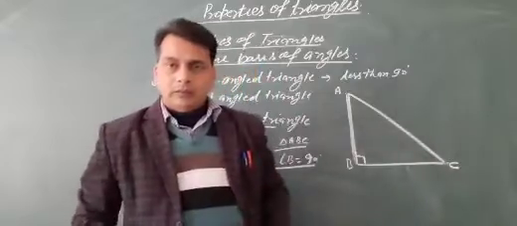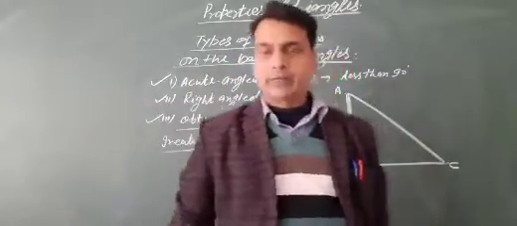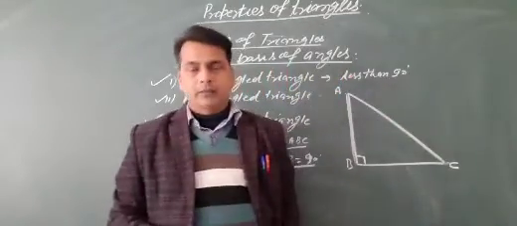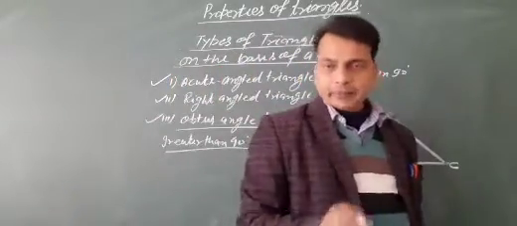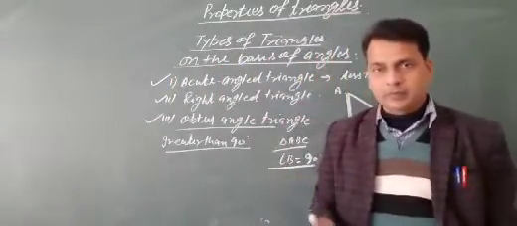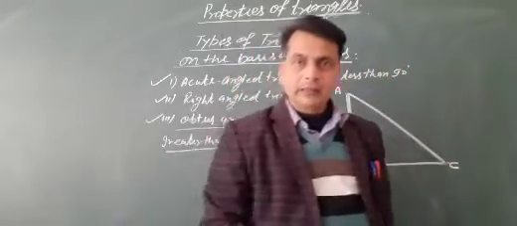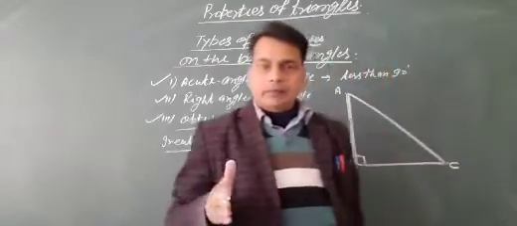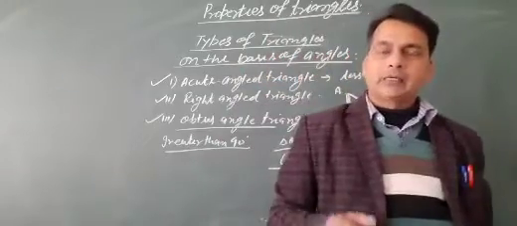So, types of the triangle on the basis of sides, and second, on the basis of angles. On the basis of sides, there are three types of triangle: first is the equilateral triangle, second is the isosceles, and third is the scalene. An equilateral triangle means all sides are equal.